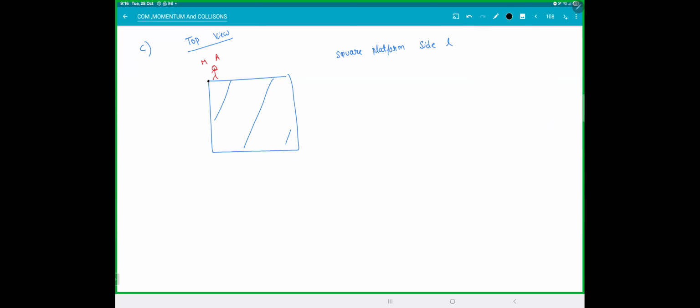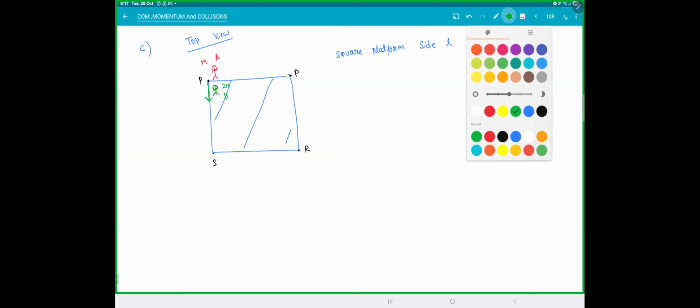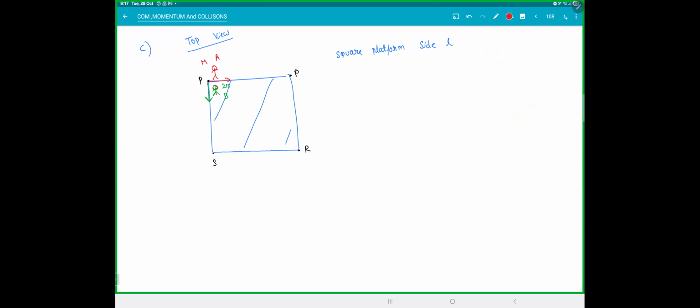Let's call these points P, Q, R, and S. And we have another guy here, B, whose mass is 2M. This guy is walking along this line, and A is walking along this line.